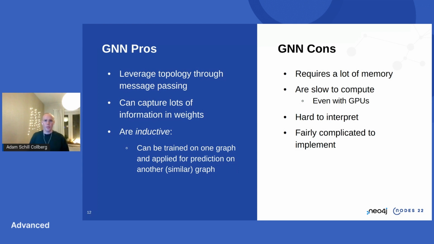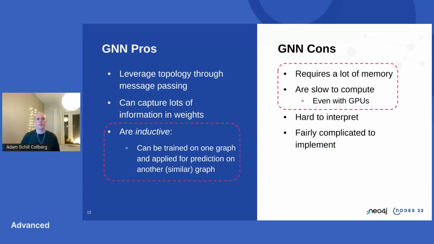Okay, but now if we zoom in on two or three of these things, we can use the inductive idea: if we can train the GNN on a smaller graph, we can maybe use it to predict on a larger graph.